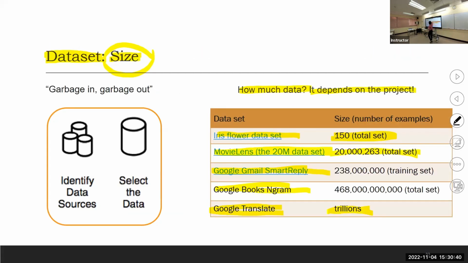And one important thing that I need to emphasize is quality of data, garbage in and garbage out. As I said, if you don't have good enough quality, your model is nothing.